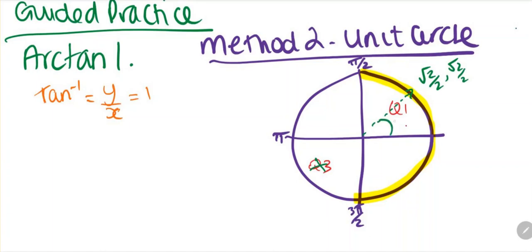And this is going to be at theta, which would be pi over 4, at 45 degrees. So pi over 4 or 45 degrees.